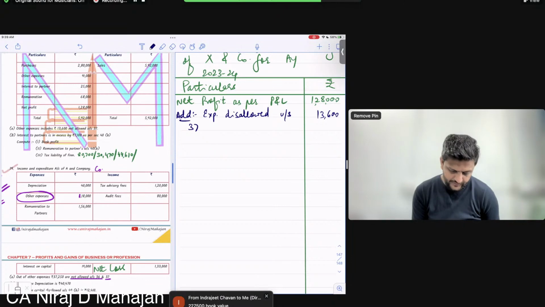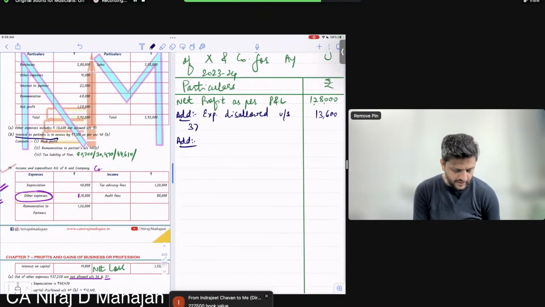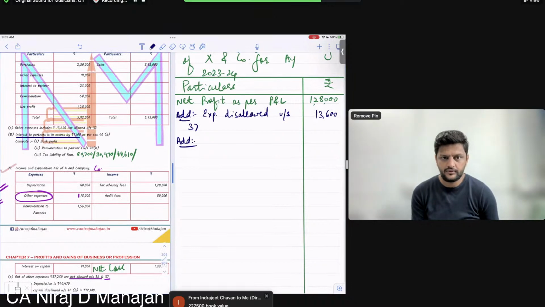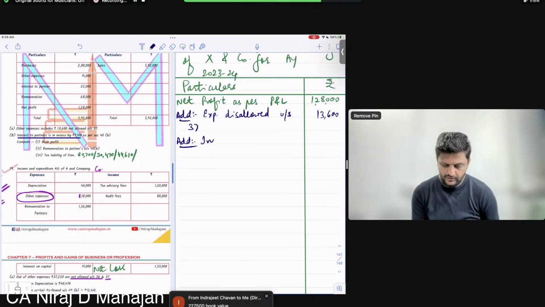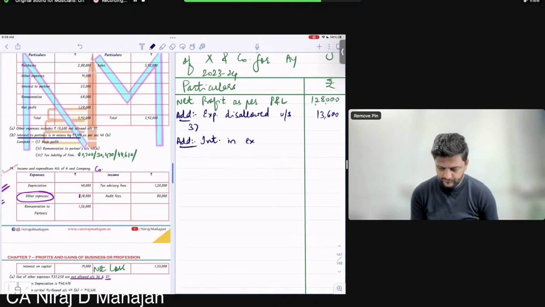Then what बच्चों add interest till the amount is disallowed ना. Interest in excess of limit. $7,100 figure is given to you.